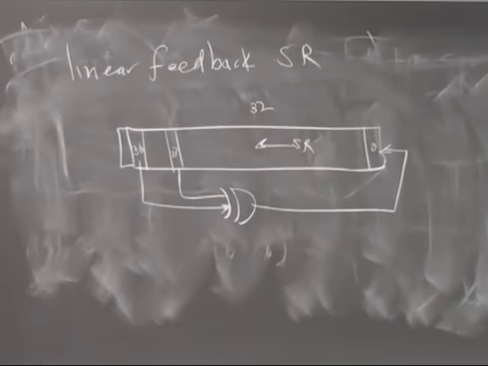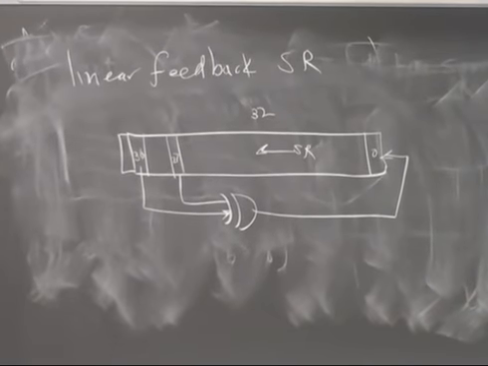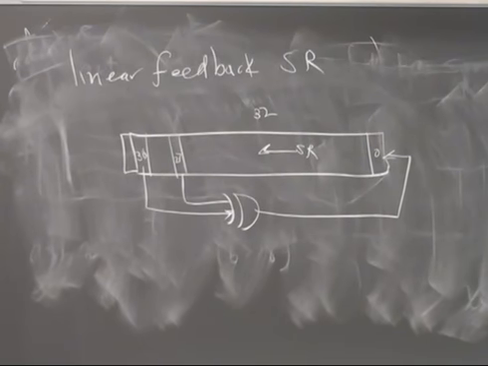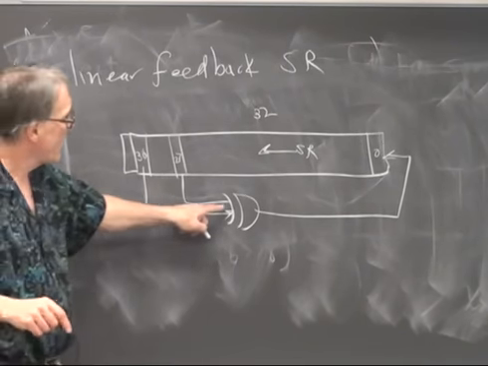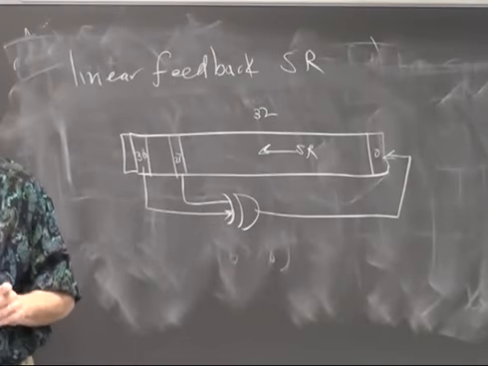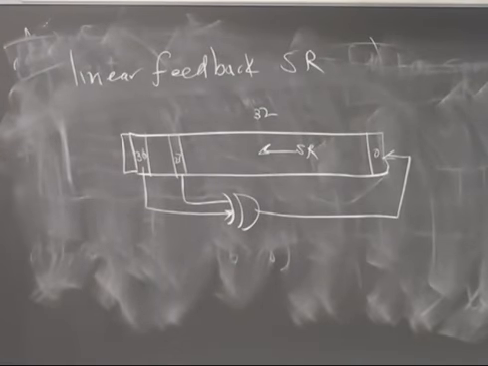If you do that, and the exact bits you feed back are important, you get out a series of ones and zeros whose pattern only repeats after 2 to the 32 time steps. And there is no serial correlation between bits. In other words, it's a random number generator.